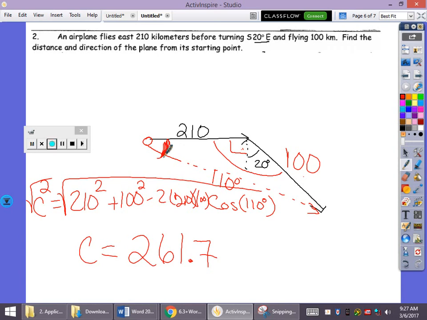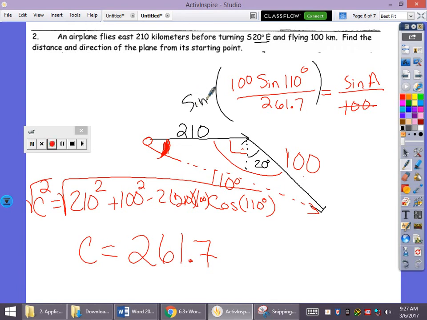I'm going to use the law of sines. So I know the sine of 110 goes with 261.7, and that is equal to this angle who pairs with 100. So we're just going to call it A. So I would multiply this by 100. That gets rid of that. What gets rid of sine?